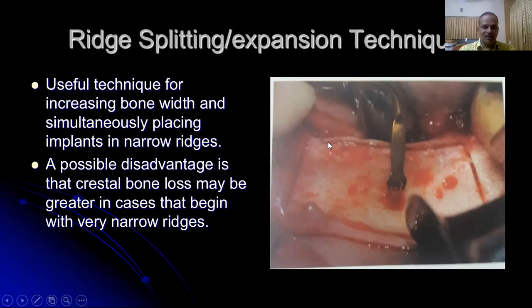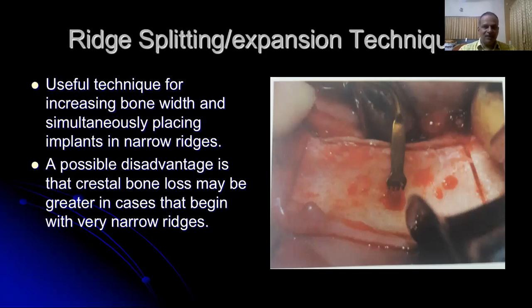The horizontal split can be made with a number 15 BP blade, a tapered Fisher burr, or a surgical saw blade, and more preferably a piezoelectric bone surgery device is used for splitting the bone. If the bone is very dense, mesial and distal cuts can be given.